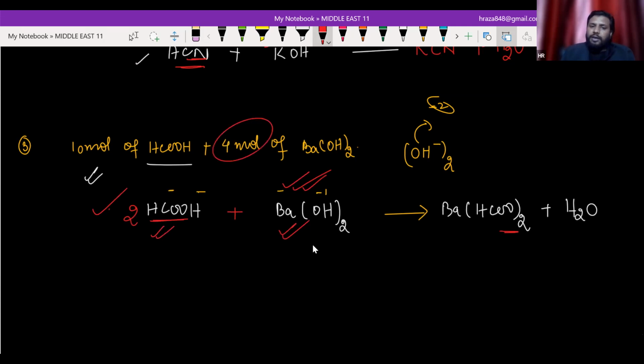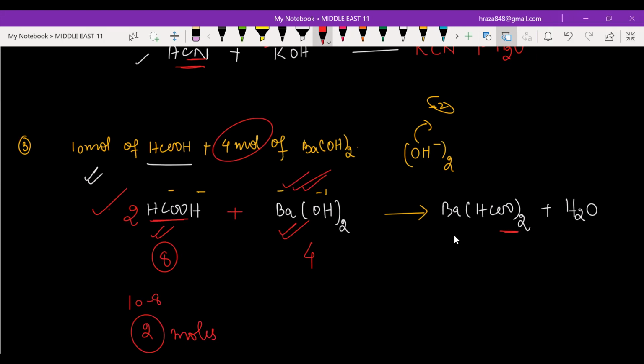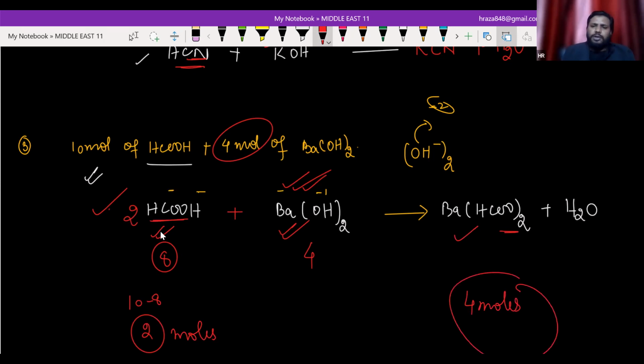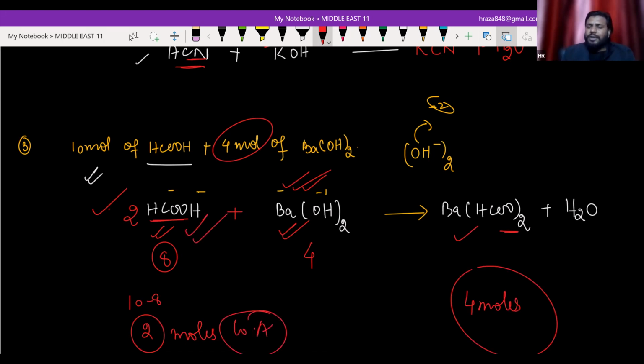You are seeing here only 4 mole, so 8 mole will be used. So 10 minus 8, 2 moles will be left. Is this clear? Yes, sir. And here 4 mole will be formed. So in the equation, what we have is weak acid, that is HCOOH, and this is weak acid with weak base. Just check it out.